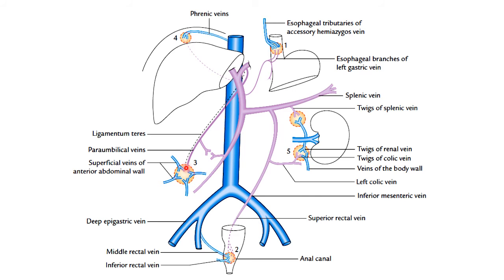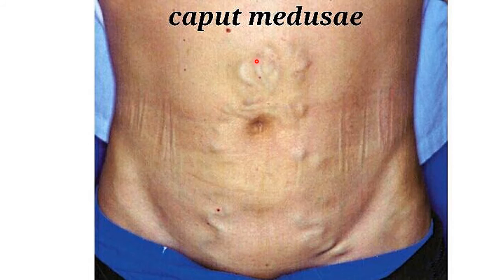These distended and tortuous veins become prominent and are called the caput medusae. This is a diagnostic sign for the clinicians. This occurs in portal hypertension.